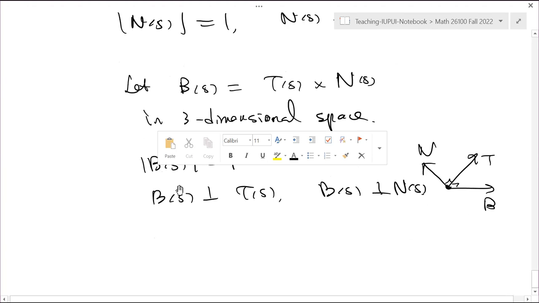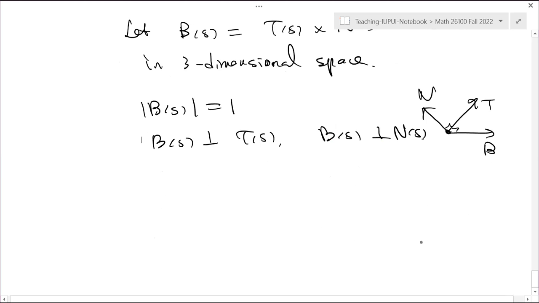What's the meaning of these three vectors? When you have a curve, in general it's not a plane curve. So not only is it curved in that direction, but the curve is also leaving a plane. That direction B tells you the direction in which the curve is leaving the plane, if the curve is not a plane curve.